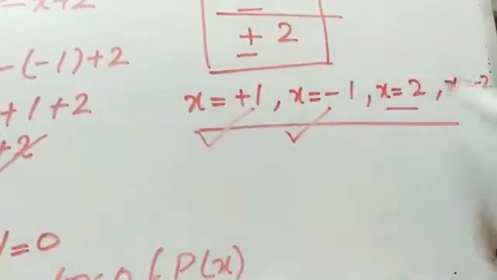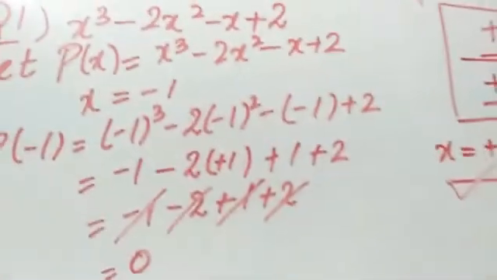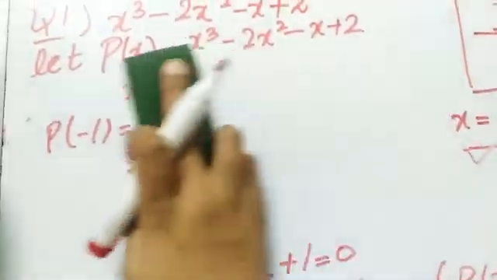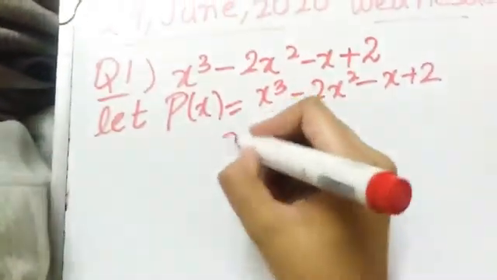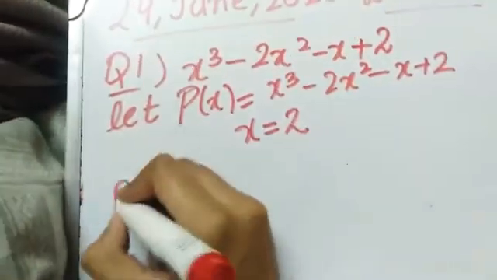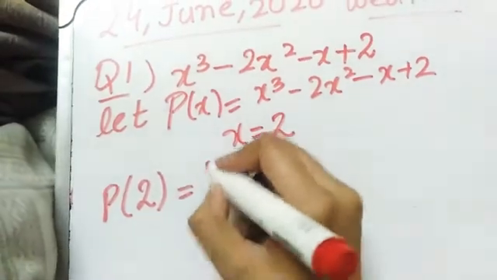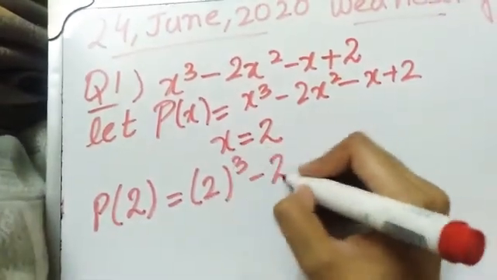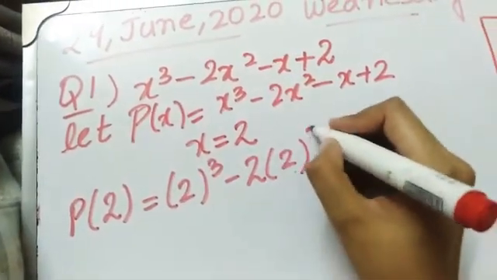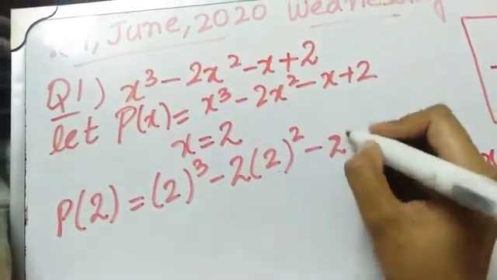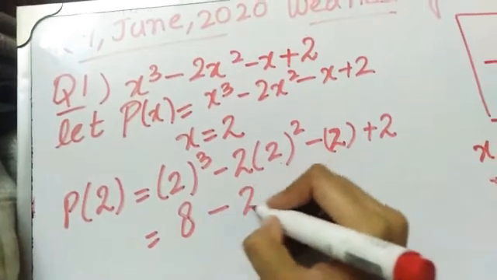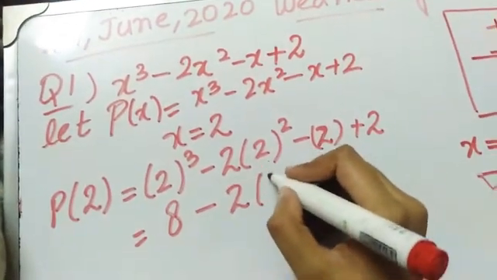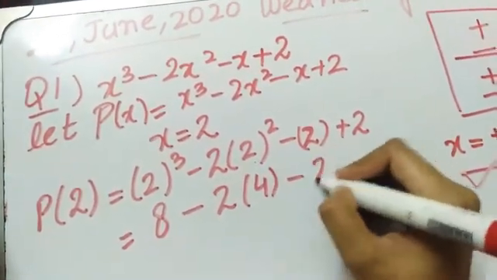Now we will check it for x equals 2. We will check p of 2. 2 whole cube minus 2 times 2 square minus 2 plus 2. 2 cube will be 8, minus 2 times 2 square which is 4, minus 2 and plus 2.